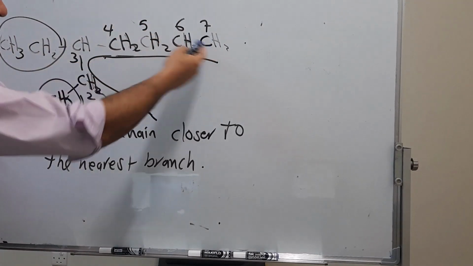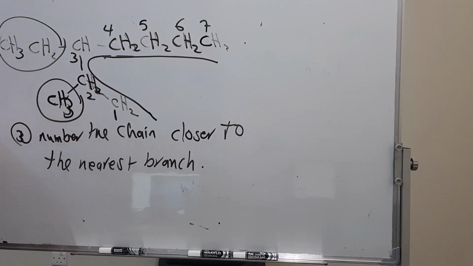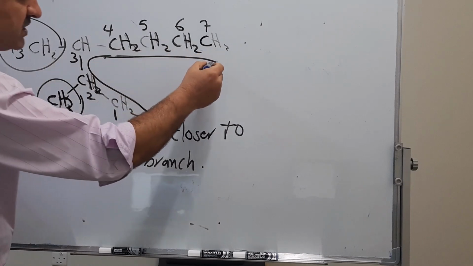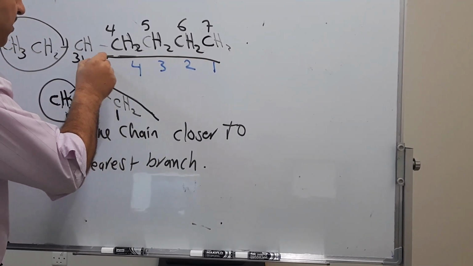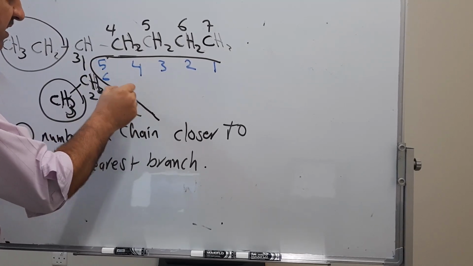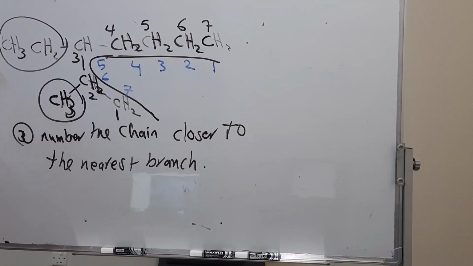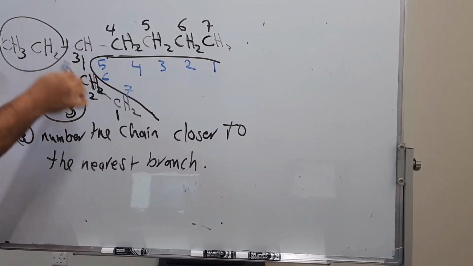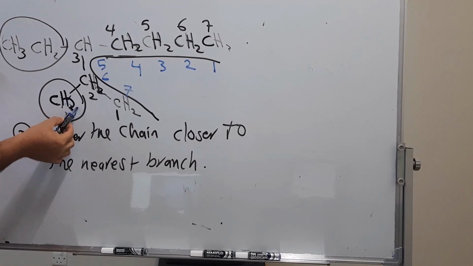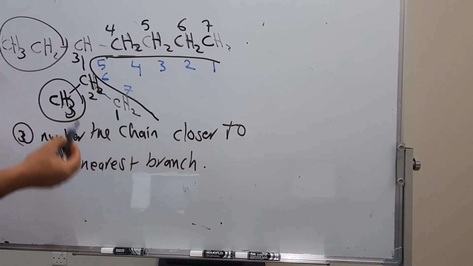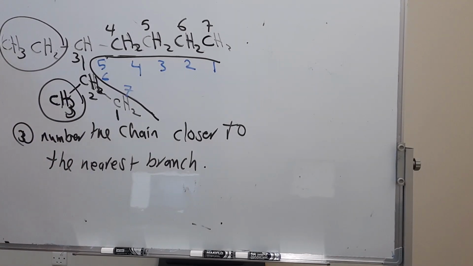If you proceed the opposite way, if someone chooses to start the numbering from this side, what's going to happen? It will be 1, 2, 3, 4, 5, 6, then 7. He will give the first branch position number 5, and the second branch position number 6, which opposes the logic of the IUPAC.